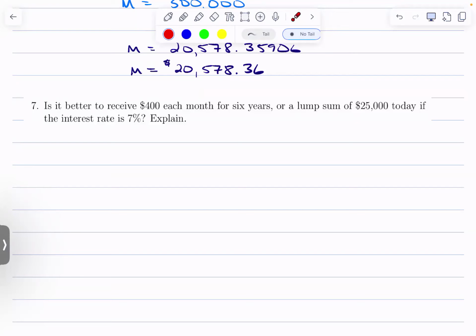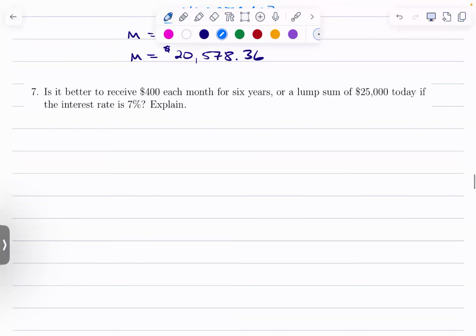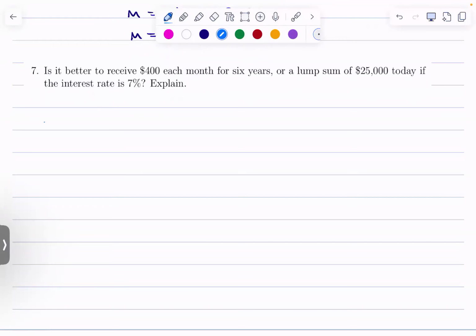So what are we going to do? We want to compare $400 each month for 6 years versus a lump sum of $25,000. Just you get $25,000. So first, we want to compare something like this.